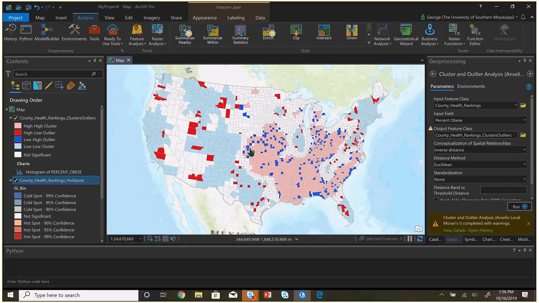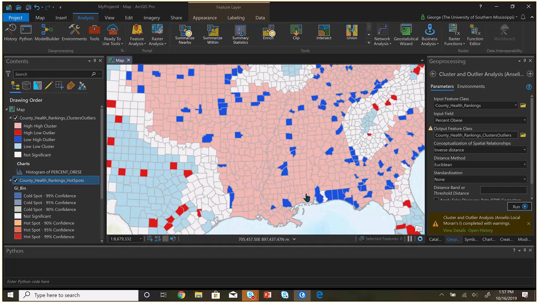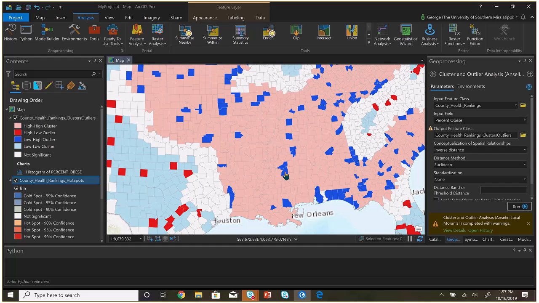So here, the high clusters are saying these are high values nearby other high values, and the low-high clusters are low values near other high values. Do we see any in Mississippi? In other words, these two counties have significantly lower obesity than the nearby counties.